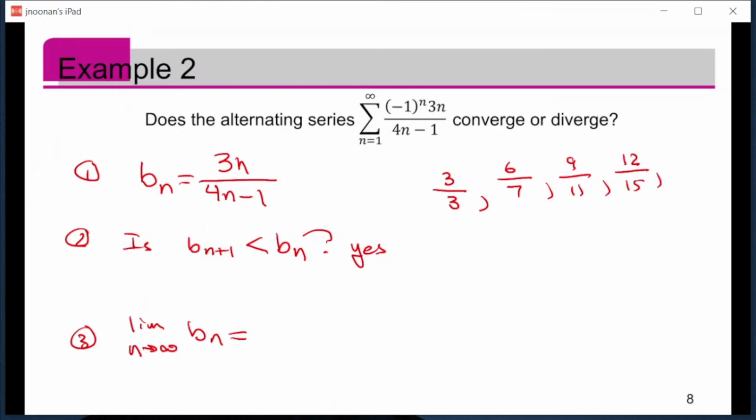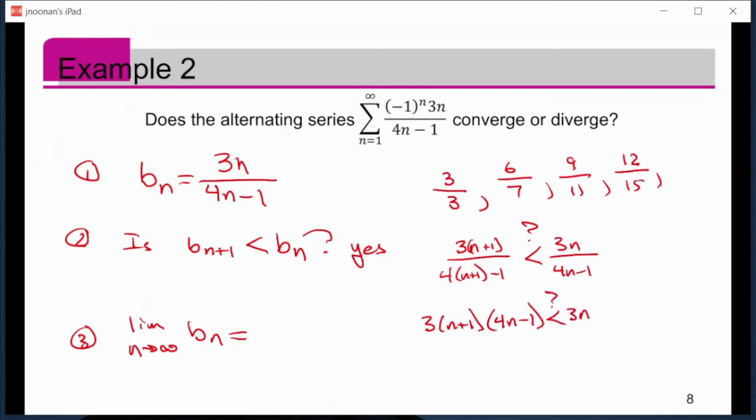Okay, so what if you didn't know for sure? Then you could do this to prove it. Is (3(n+1))/(4(n+1) minus 1) less than 3n over 4n minus 1? And so you can multiply both sides by the denominators. So is (3n plus 3)(4n minus 1) less than 3n times (4(n+1) minus 1)?